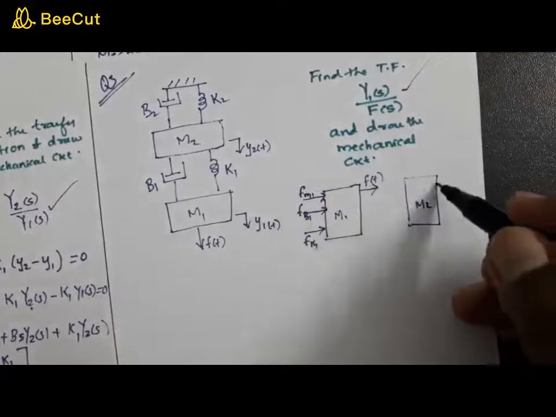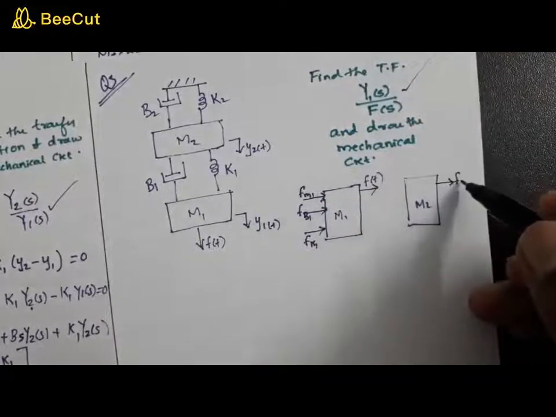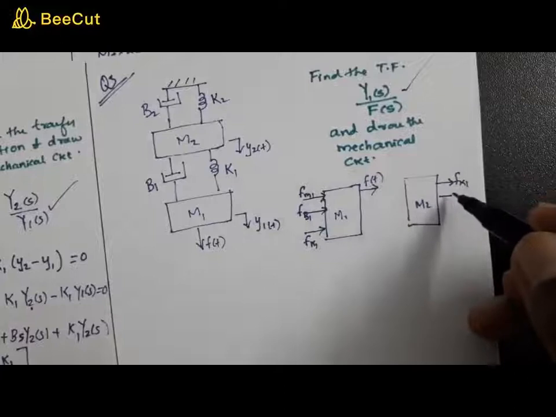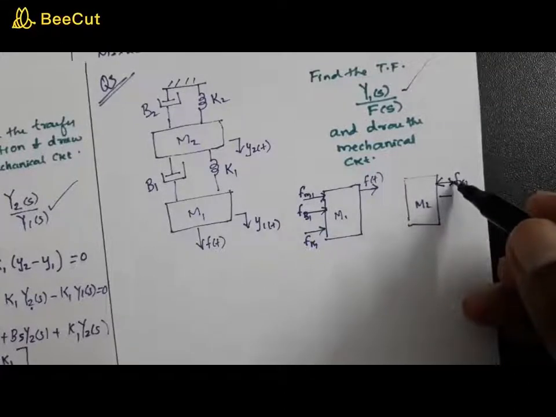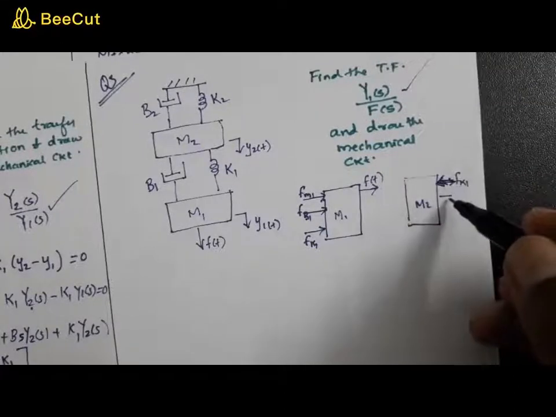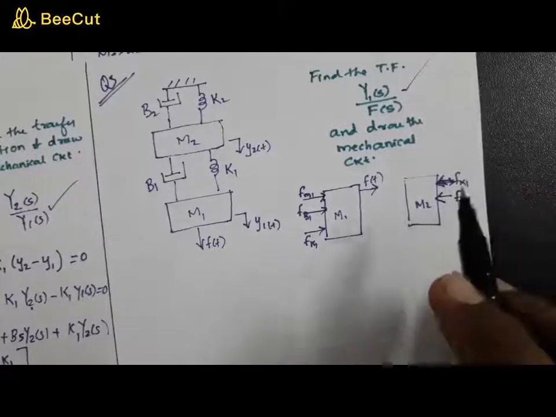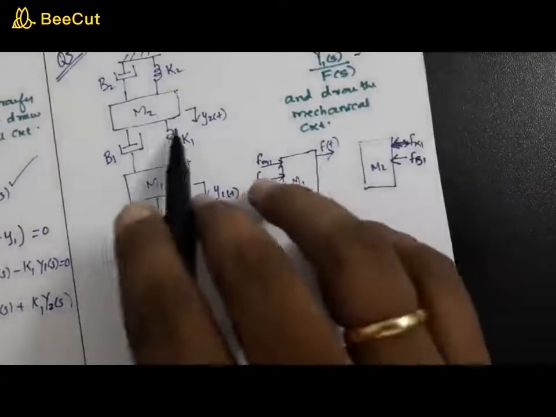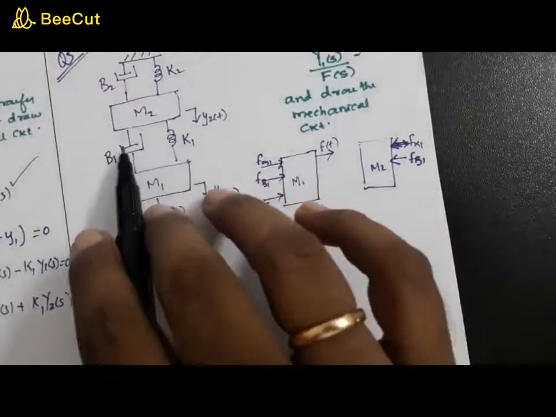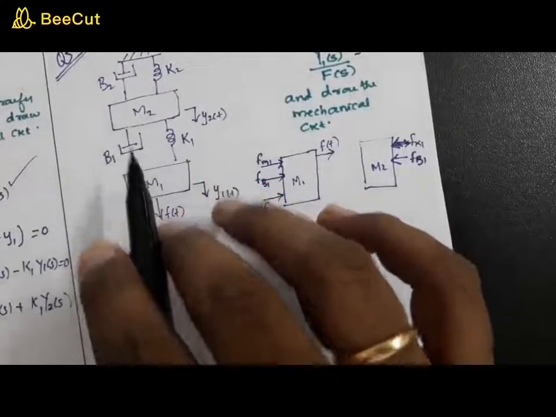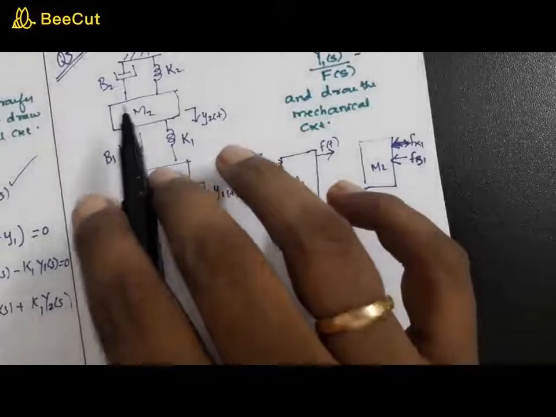So there must be a force due to fk1, and that is internal. It has to be shown internal. And another force called fb1. These are the forces due to this spring and this damper, because they are connected to both mass 1 and mass 2.